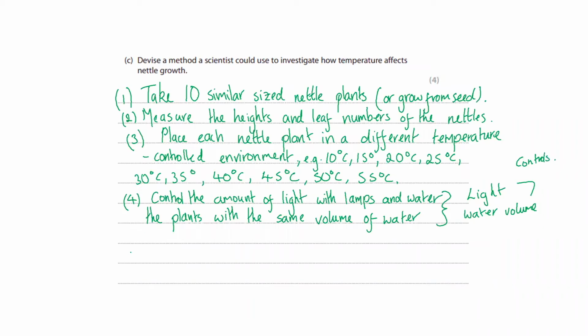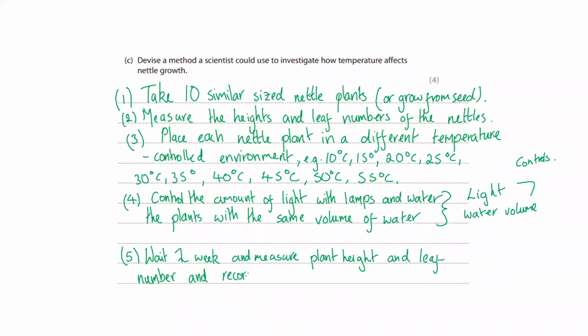So we need to wait a certain amount of time, don't we? So wait 1 week to give it time to grow, and measure plant height and leaf number and record results.